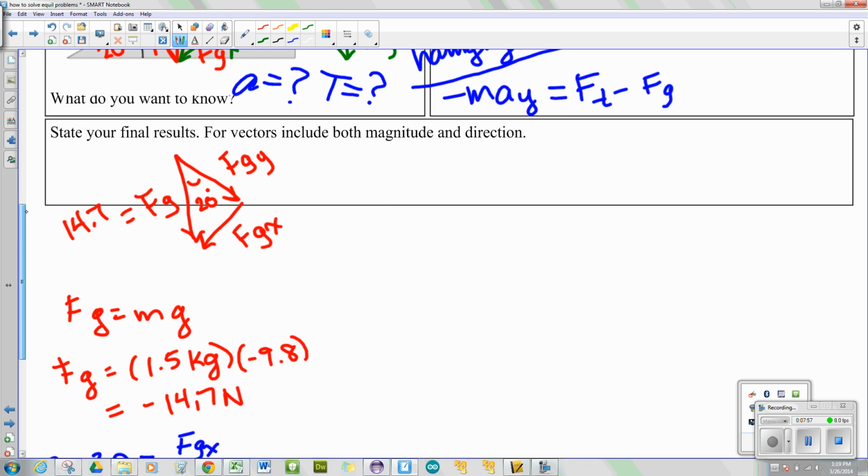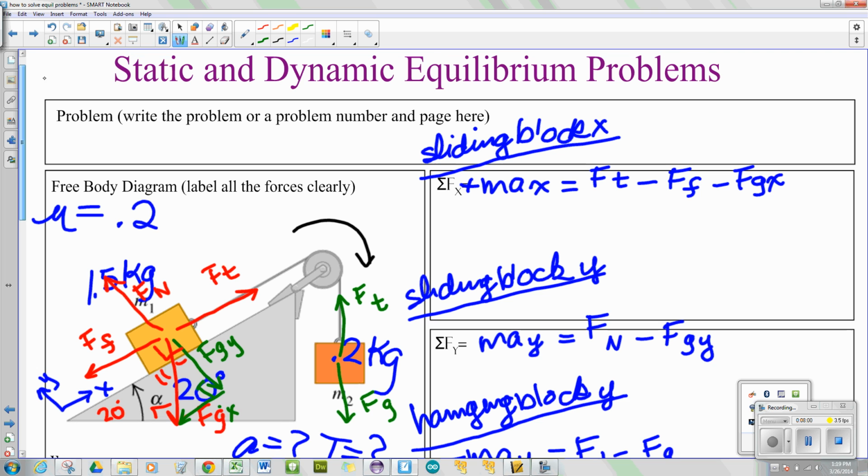So let me go back to my equations here, and I can substitute in a little bit of information. I know my mass is 1.5. I don't know what A is. I'm just going to leave that as a variable.